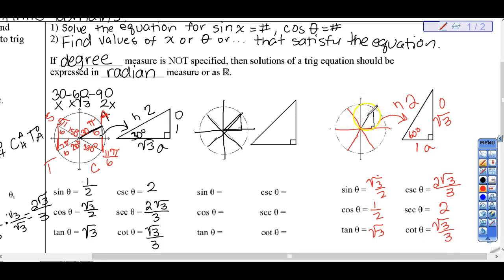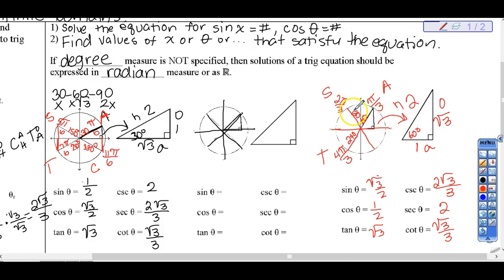So up here on your unit circle, here's your 60-degree angle, or your pi over 3, right? For 60-degree angles, just take pi, divide it by 3, you'll get 60 degrees, true? Where everybody's positive. Where sine is positive in quadrant 2, this is 120 degrees, or 2 pi over 3. Tangent down here, this would be 240 degrees, or 4 pi over 3.